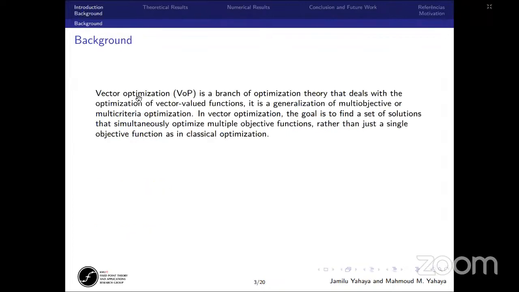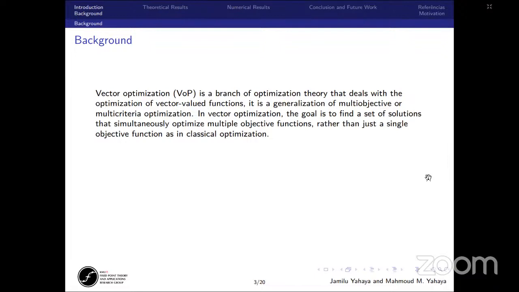What we are talking about here is the problem of vector optimization. This is actually not a new problem per se, but it is new in the setting of trying to solve such problems using descent methods. Vector optimization, as stated here, is simply a generalization of previous approaches called multi-objective optimization and multi-criteria optimization.